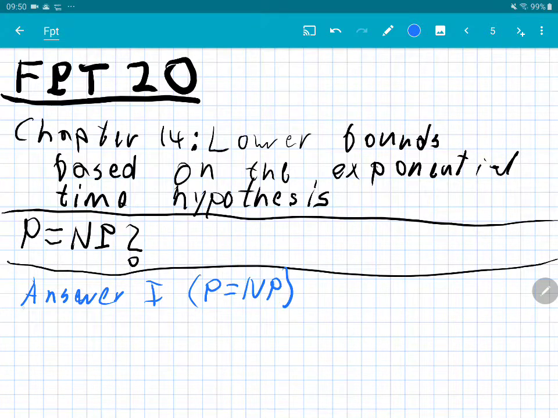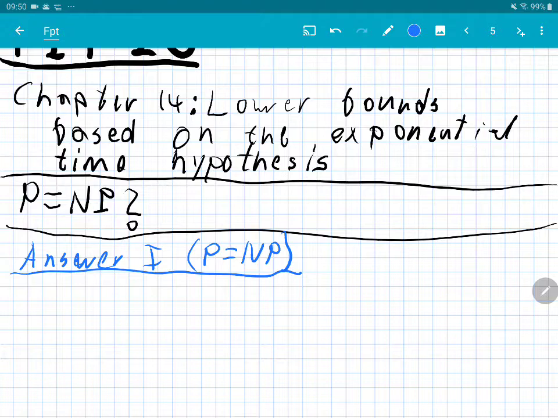The first possible answer, as far as we know, is that not only P is equal to NP, but in fact 3SAT can be solved in linear time. This is extremely unlikely.